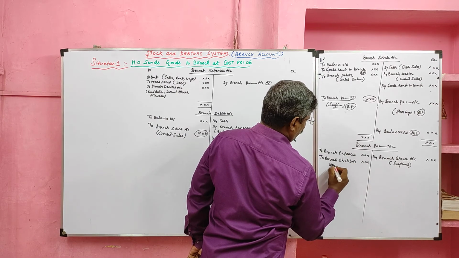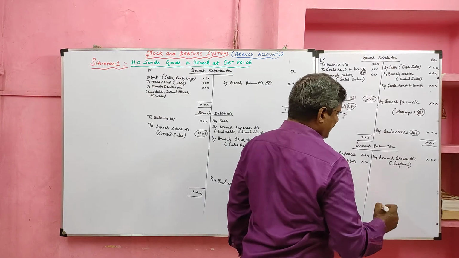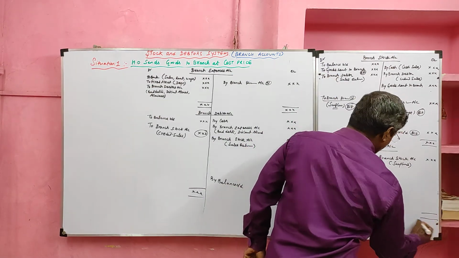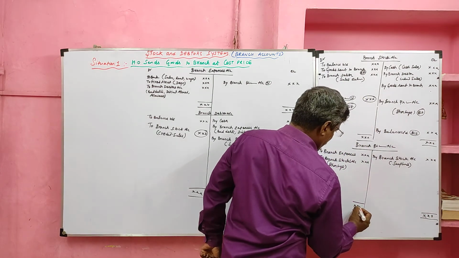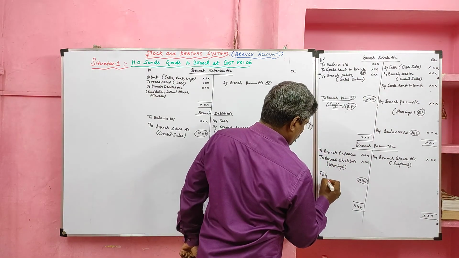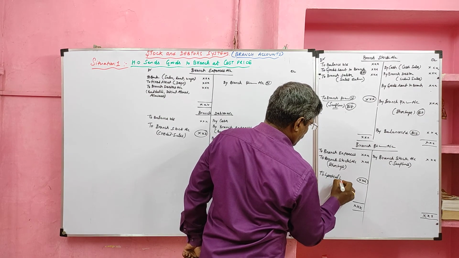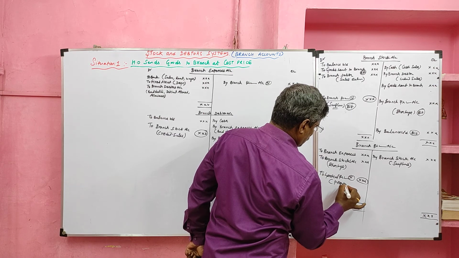This we call shortage. Then we'll balance this. Generally, the credit side total exceeds the debit side total. So the balancing figure is transferred to general profit and loss account. This we consider as profit.